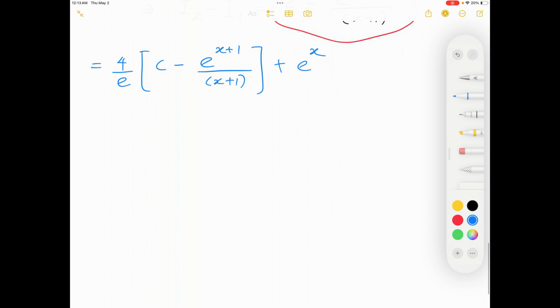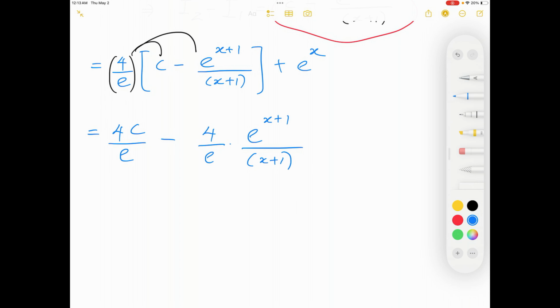Of course, this can be simplified some more. We can distribute 4 over e to each of these two terms. When we do that, the first term becomes 4c over e minus 4 over e times e raised to the x plus 1 over x plus 1 plus e raised to the x.